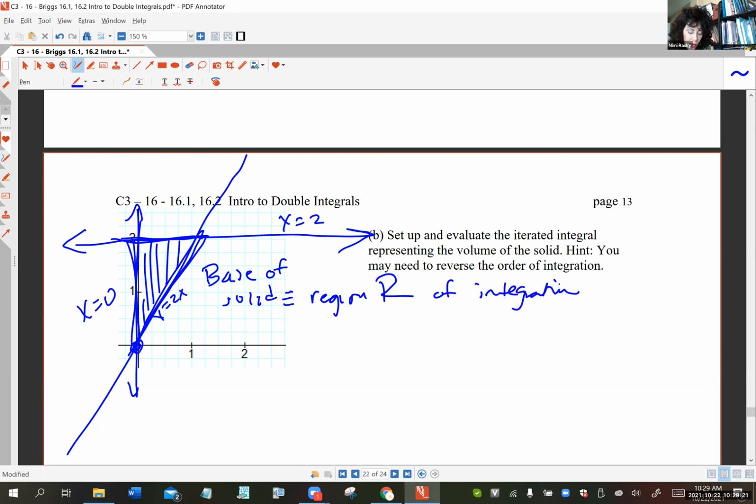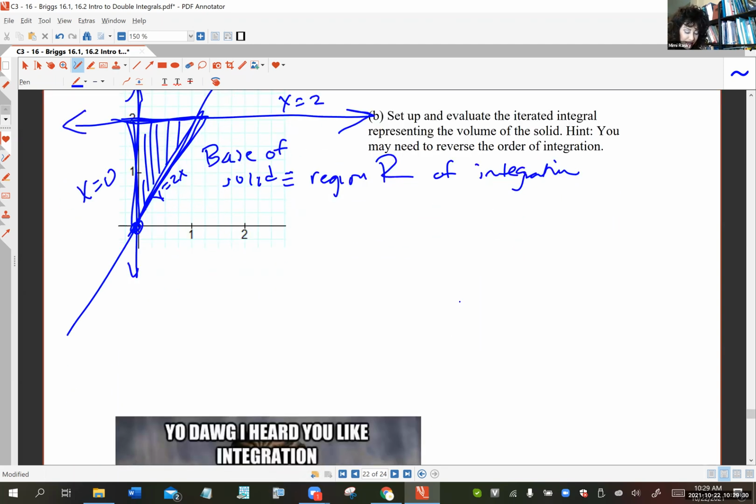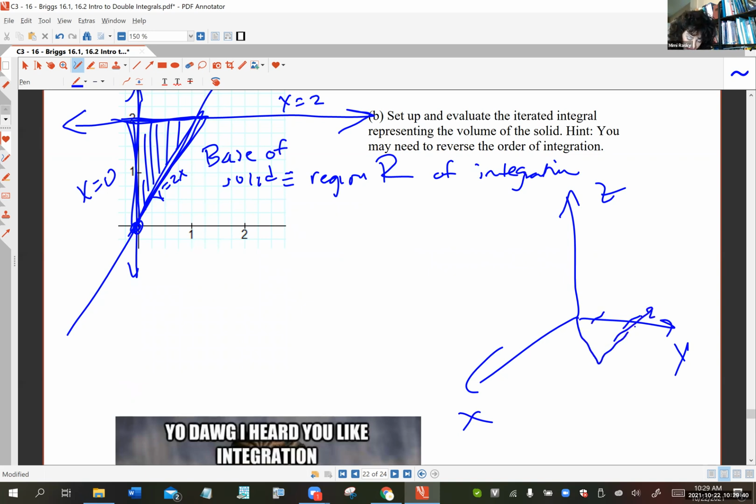But before we do letter B, I wanted to take a look at what the capping surface even looks like. I'm not going to ask you to draw stuff in 3D, because it's a little bit harsh to ask somebody to draw something in 3D. But the base of the solid is right here, and then the capping surface is above here. But what does it look like?